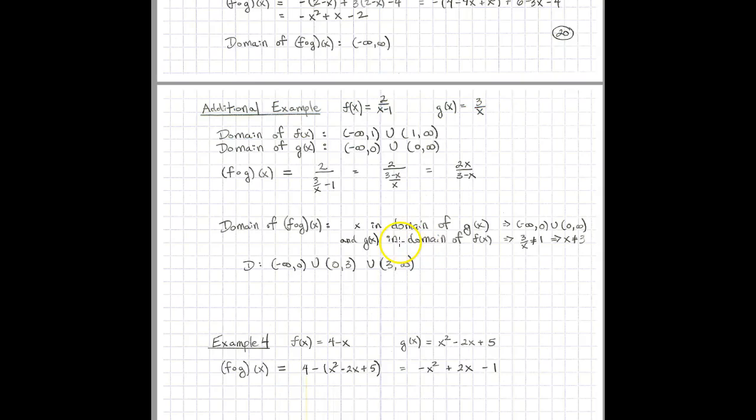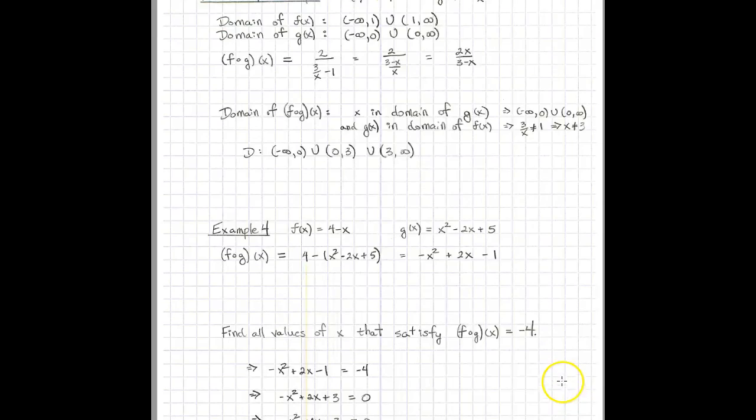Now for g of x to be in the domain of f of x, that means if I put g of x into here, 3 over x minus 1 can't be 0, which means 3 over x can't be 1. Solve that for x. That means x can't be 3. So x can't be 0, and it can't be 3. So here's how I write it in interval notation.